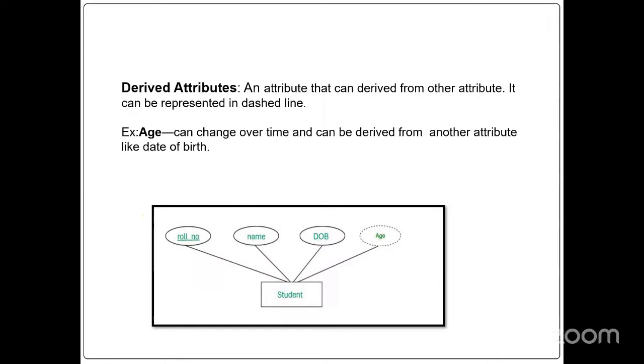An attribute which is derived from another attribute. Example is age, derived from date of birth. Is it clear? Yes or no? So here it is represented in a dashed ellipse. Whereas composite attributes, how are they going to be represented?